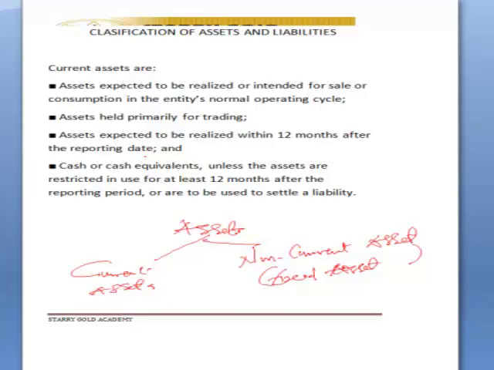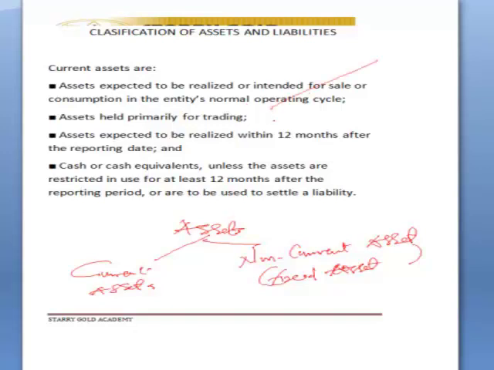Let's discuss the current asset. What constitutes a current asset? Why do we call it a current asset? These are the features that make an asset to be classified as a current asset. One, an asset will be a current asset when it is expected to be realized or intended for sale or consumption in the entity's normal operating cycle.